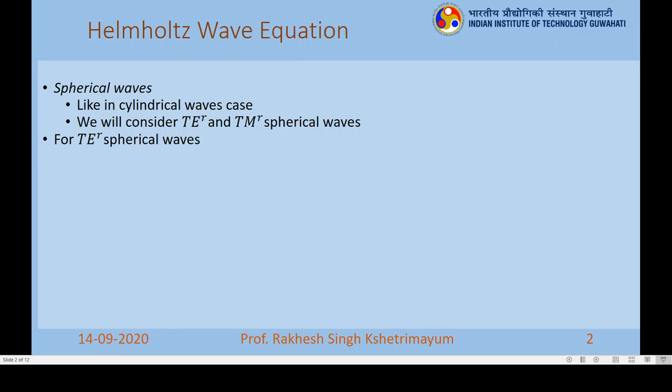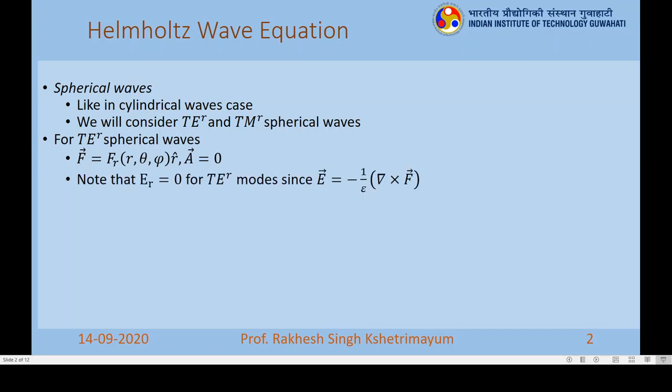For TEr spherical waves, the condition is that your F vector should have only a radial component. F vector will be simply Fr r-hat, and A vector should be equal to 0. So what is the condition for the spherical waves TEr case? F vector will have only radial component Fr and A vector should be 0.